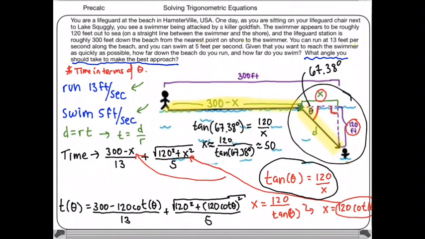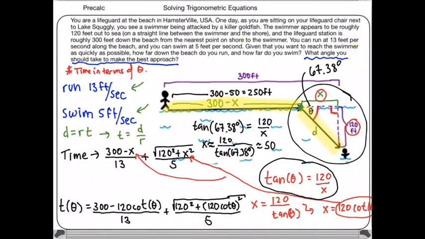That's easy for us to work with here. If we want to know what this distance is right here, we plug that in: 300 minus 50, which is 250 feet.